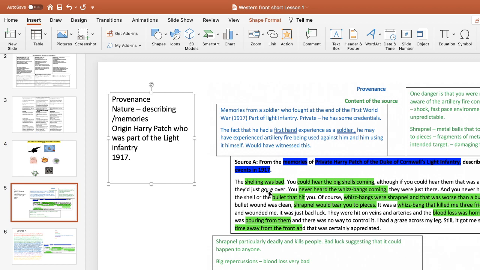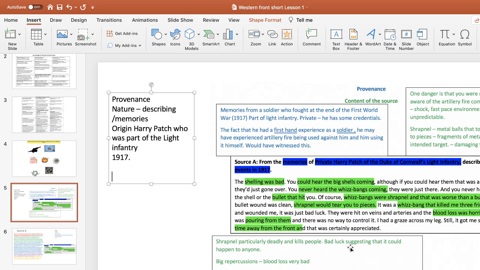Of course, whiz bangs were shrapnel, and that was worse than a bullet. A bullet wound was clean, shrapnel would tear you to pieces. It was a whiz bang that killed my 3 friends and wounded me. It was just bad luck. They were hit in veins and arteries, and the blood loss was horrific. It was pouring from them, and there was no way to control it. I had a graze across my leg. Still, it got me some time away from the front, and that was certainly appreciated.